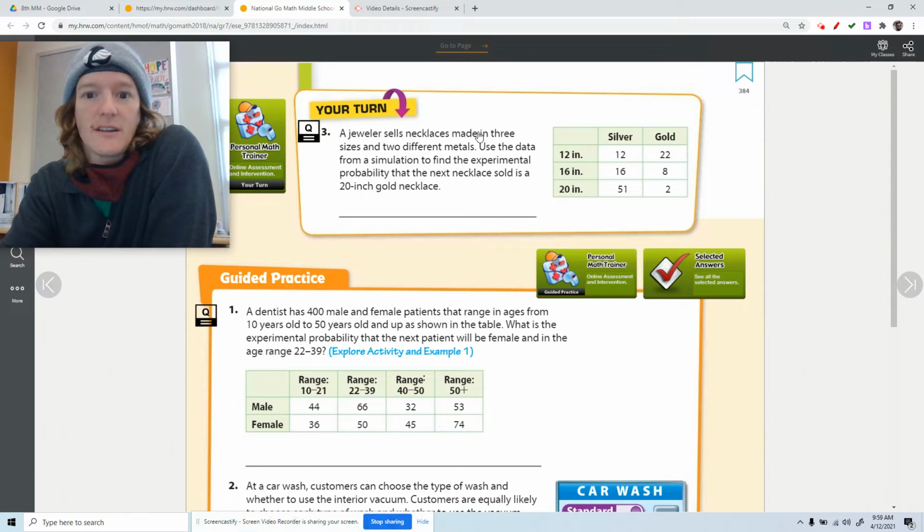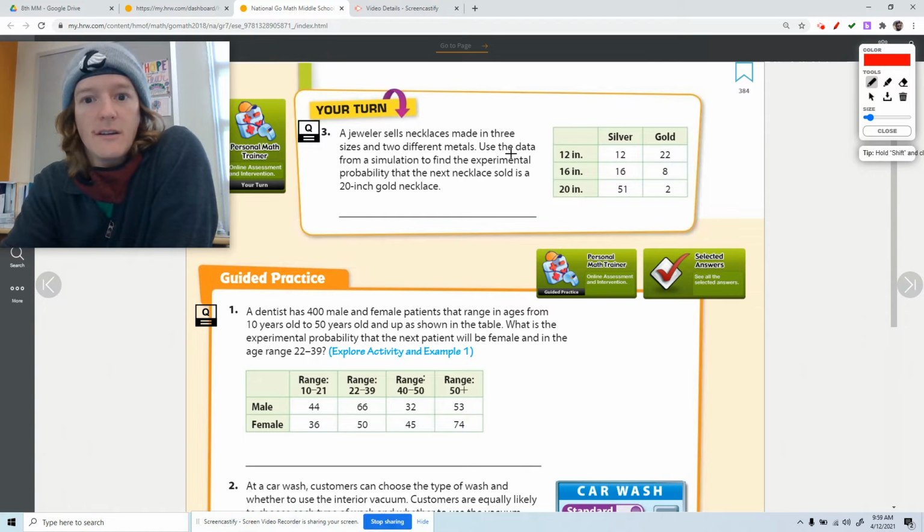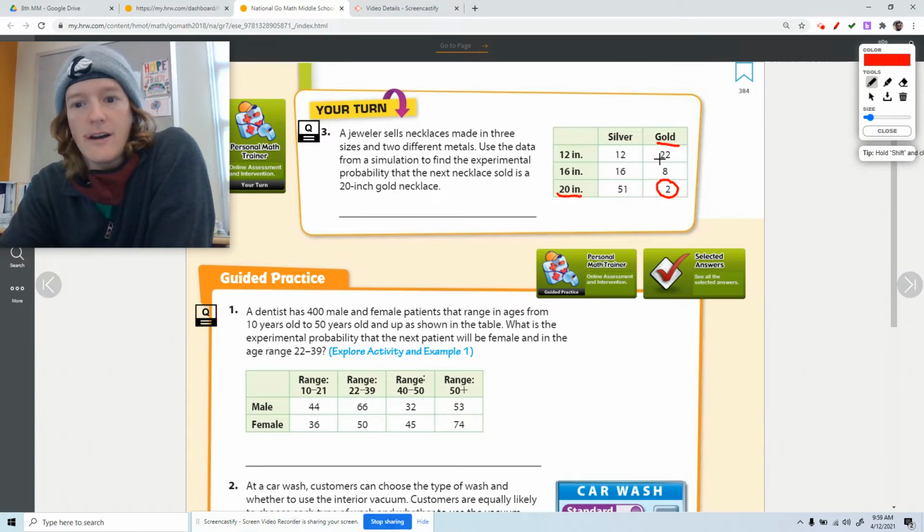A jeweler sells necklaces made in 3 sizes in 2 different metals. Use the data from a simulation to find the experimental probability that the next necklace sold is a 20-inch gold necklace. Well, let's find our 20 inches is here. Gold is here. So we have 2 out of however many.